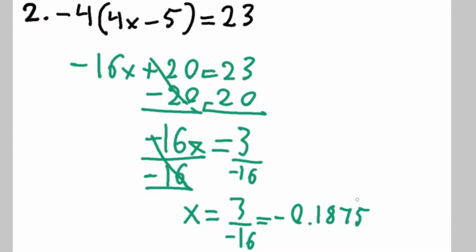So that's 3 over -16 to a decimal. The thing with scientific calculators is that if you do 3 over -16, it's going to say syntax error. So you have to do -3 over 16, which makes more sense. It's easier to read.